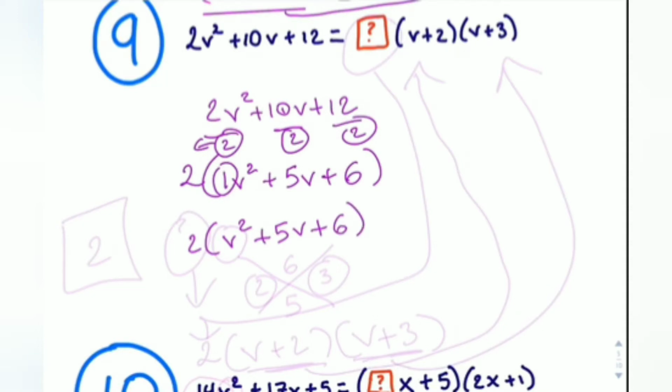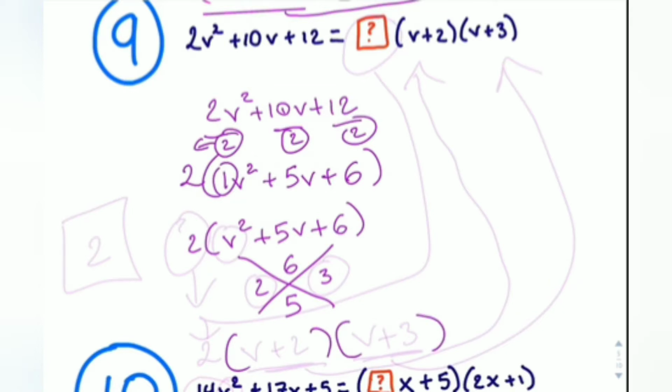Okay. Now let's factor everything in parentheses. So two numbers that multiply to 6 and add up to 5. Right away, I know that it's 2 and 3, because 2 times 3 equals 6, and 2 plus 3 equals 5. Okay, so what variable are we using?